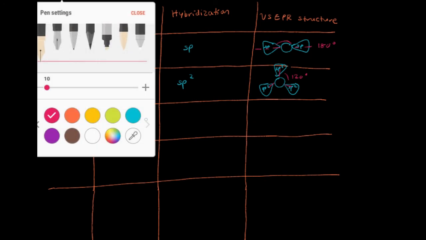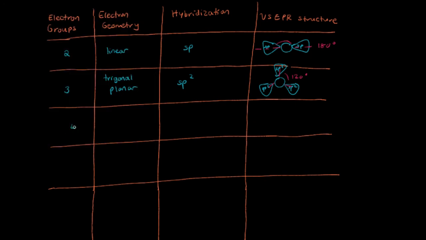If we have 4 electron groups surrounding a central atom, we should see tetrahedral electron geometry. That's going to look like sp3, and it involves sp3 hybridization. So we get the creation of an sp3 hybrid subshell, and as a result we get sp3 hybrid orbitals that make up that subshell.